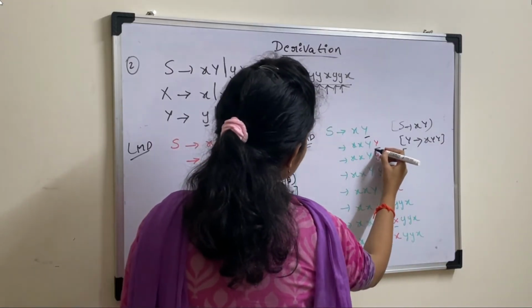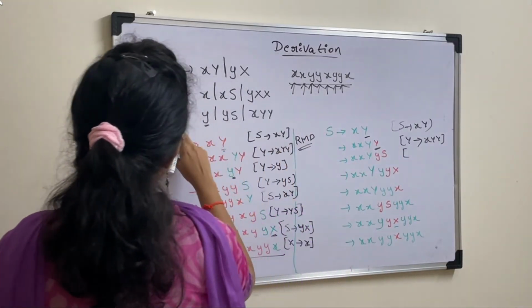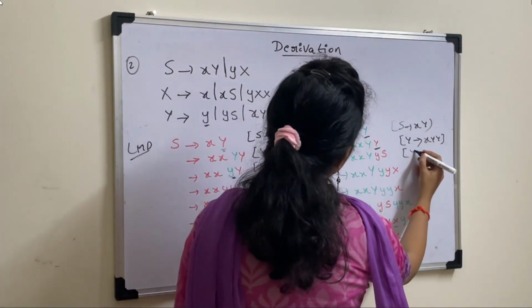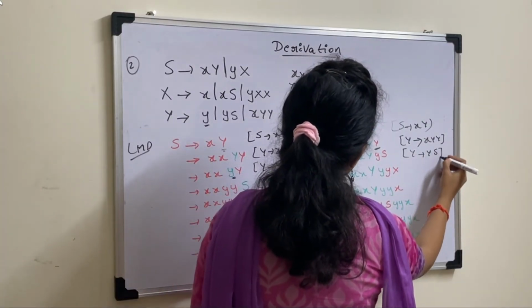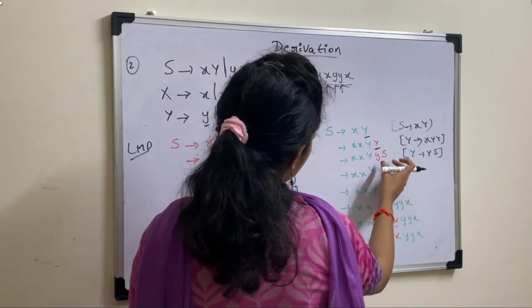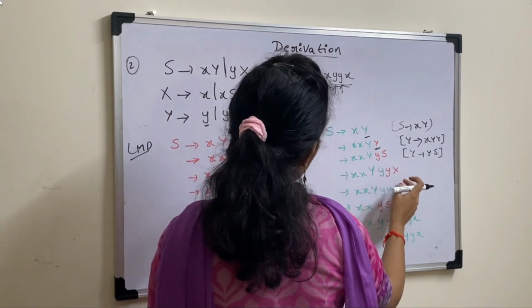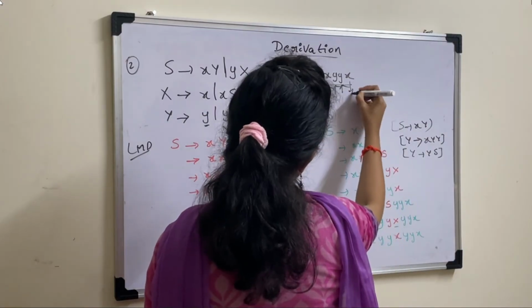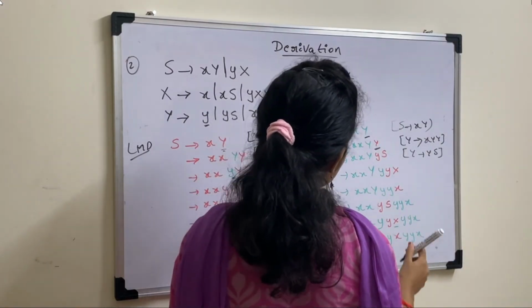Next, replace this y with ys. Now this S should be replaced with yx because at the end your string should terminate with x.